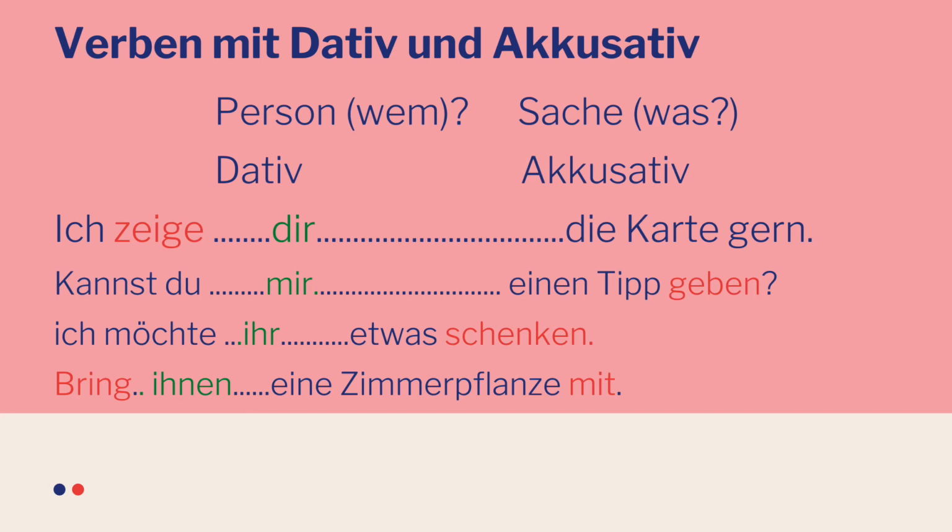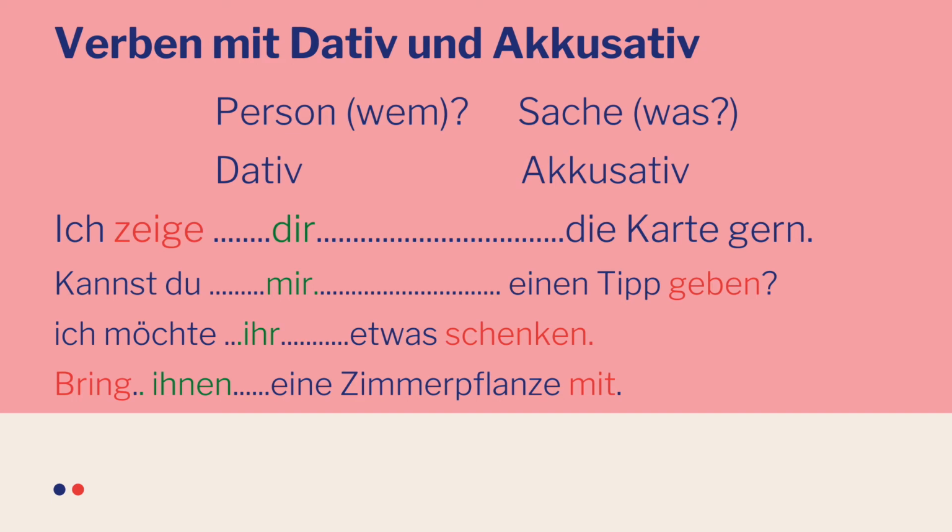So on the next slide, we can see how dative and accusative are used. When you want to use a dative, dative answers the question whom. Accusative answers the question what. So dative is usually referred to someone. In the first example, ich zeige dir die Karte gern, which means I would like to show you the map.